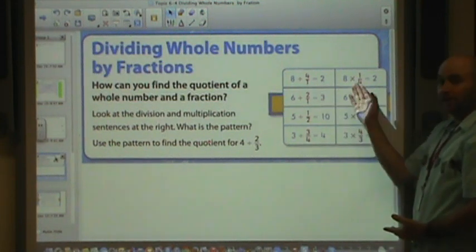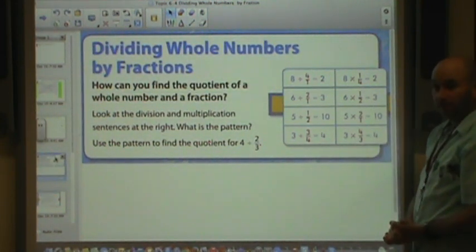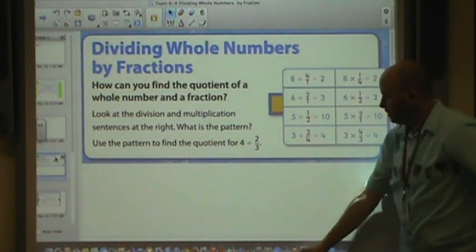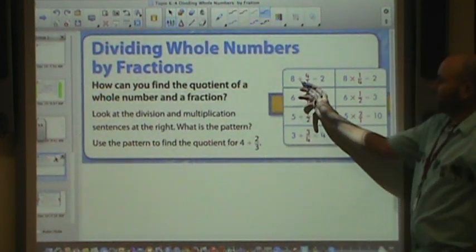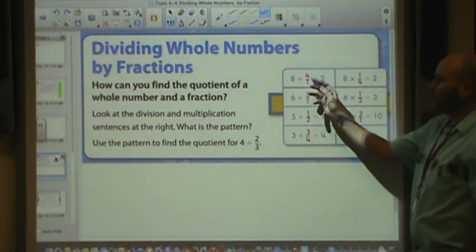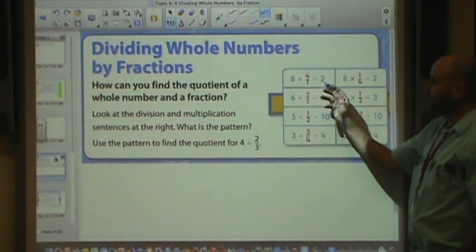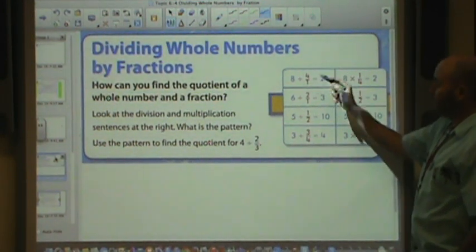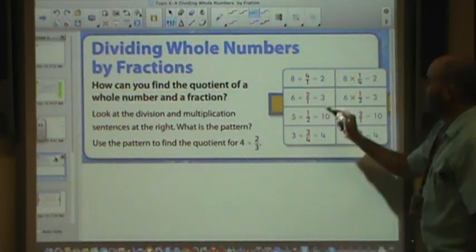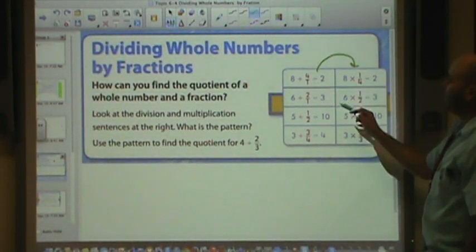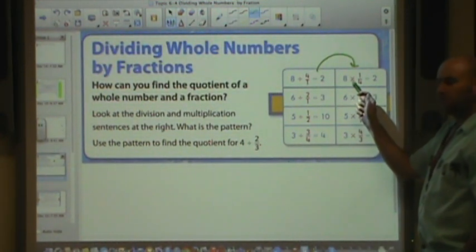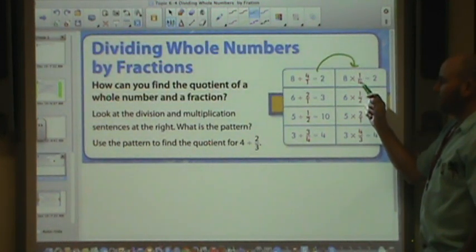When you look at this in your book, you will see that we go from 8 divided by 4 ones equals 2, and then they bring it over to the other side of the table, and now they have 8 times 1/4.